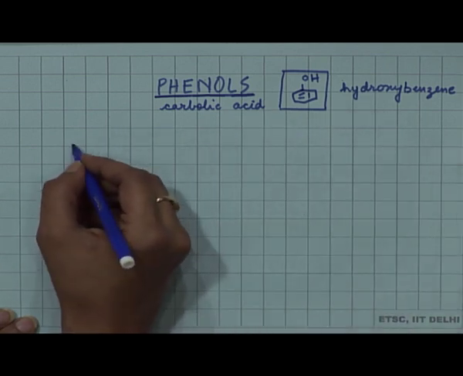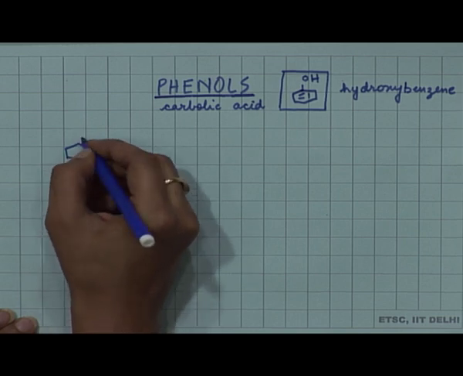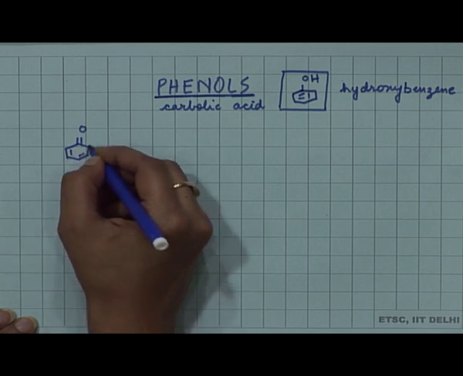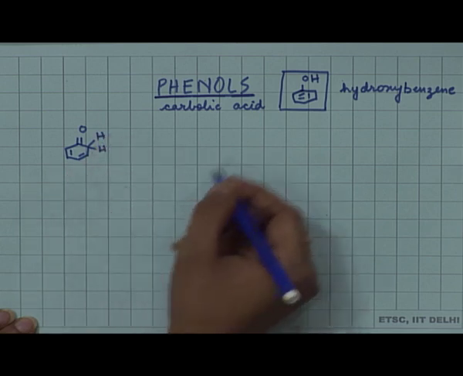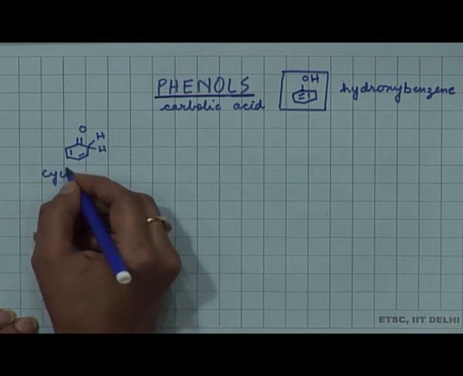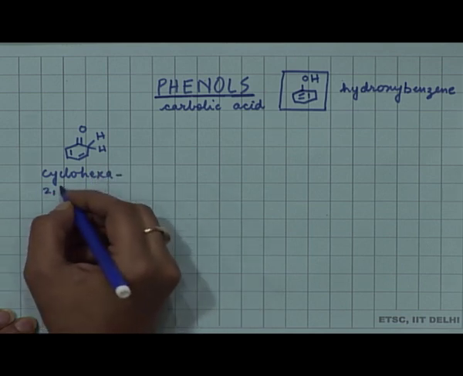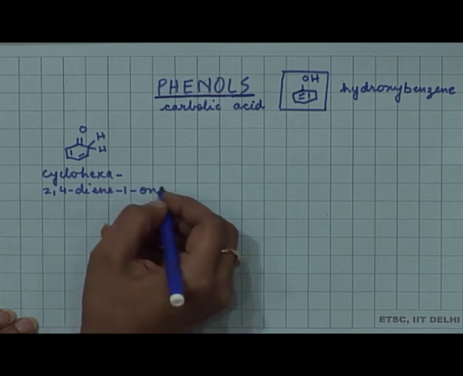If I rewrite this structure in another manner for the same phenol, this is the structure of cyclohexa-2,4-dien-1-one.